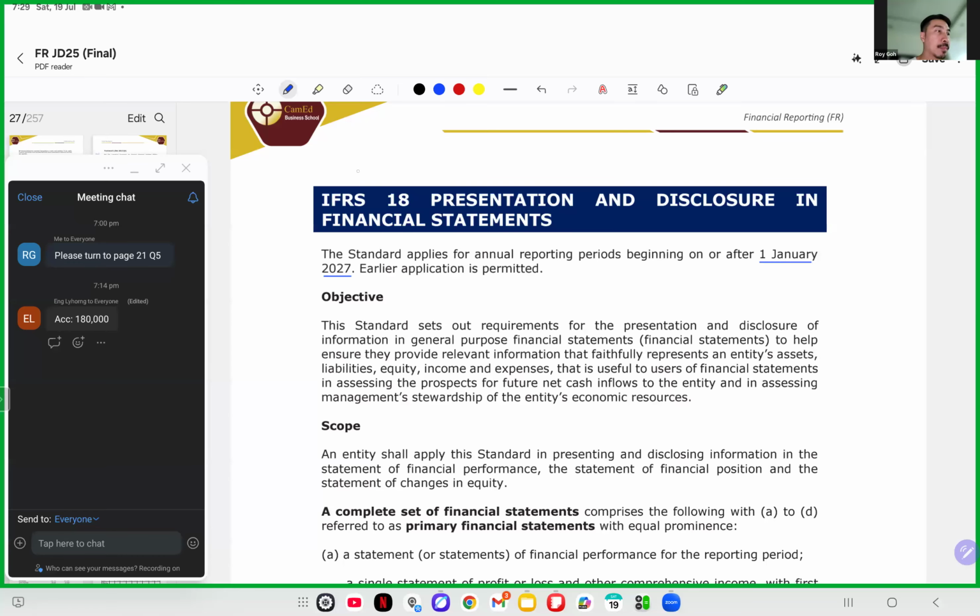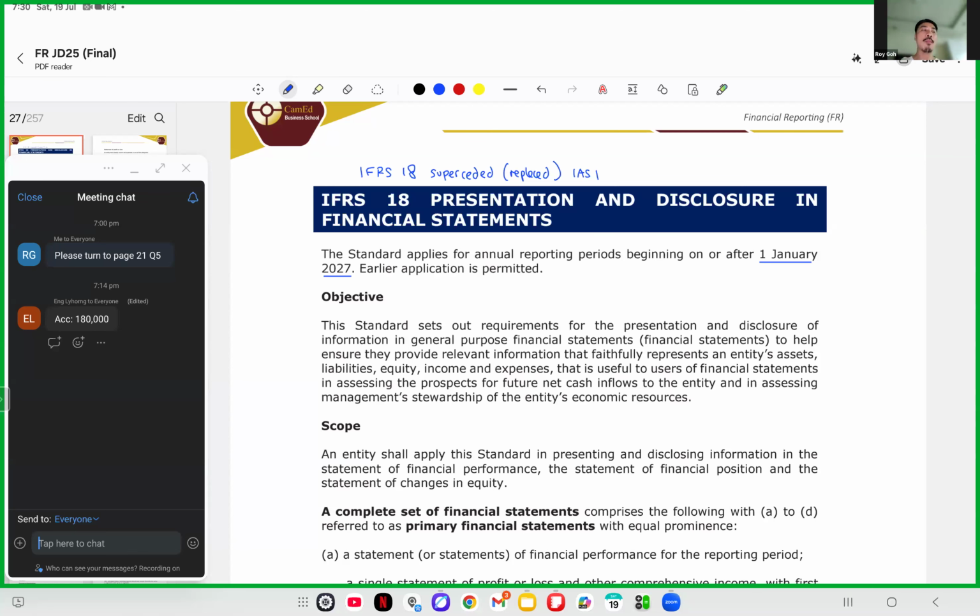IFRS 18 has superseded, some new word for you, right? Superseded means it has replaced the old IAS 1.